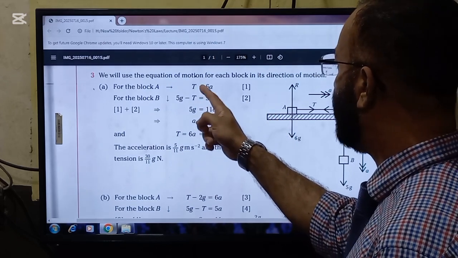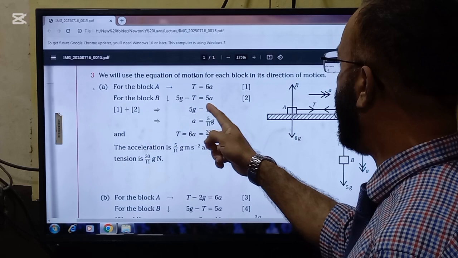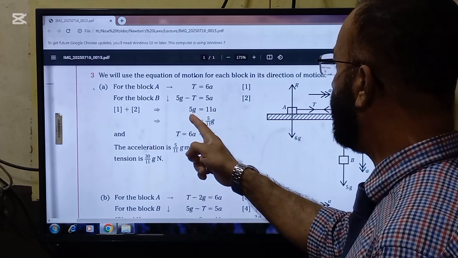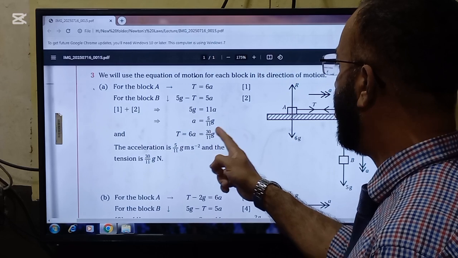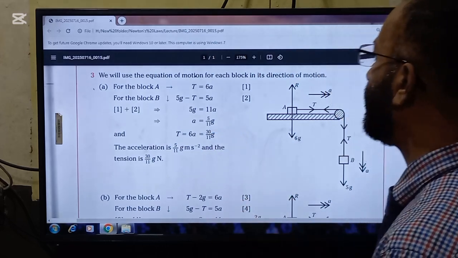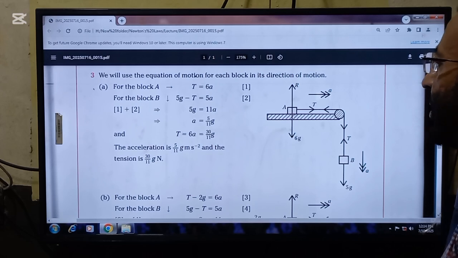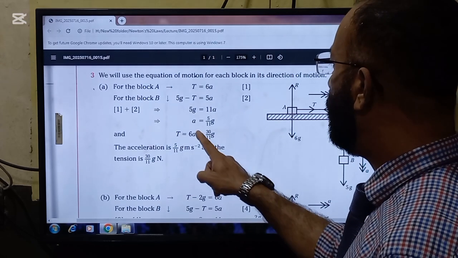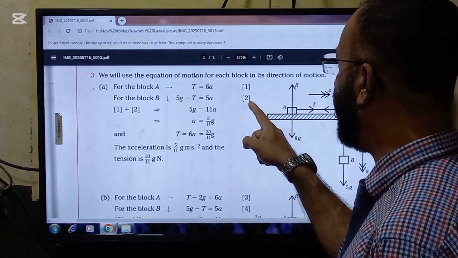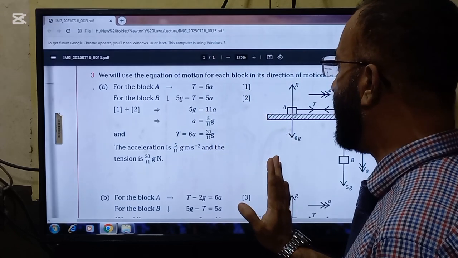When these equations are added, 5g will be equal to 11a, and from here a will be equal to 5g over 11. Okay, this is a. The second requirement is the tension in this string. Now you may put this value of a in either of these two equations, equation 1 or 2, and the answer will be the same.